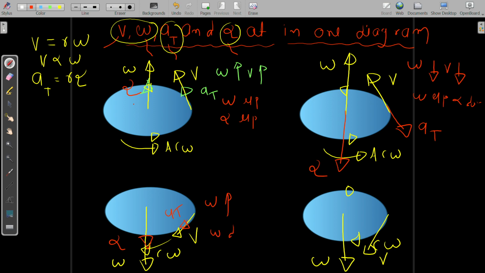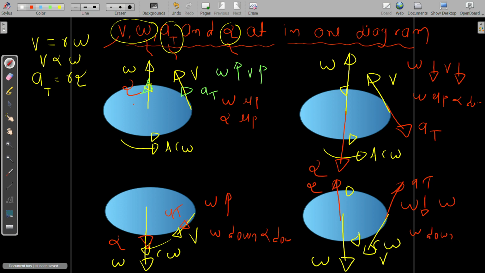So omega down, then alpha also down. And the last case, again the same story: suppose omega is decreasing here, so AT should be here. This is the first case. Rotating AT in this direction gives us alpha. So here omega is down but decreasing, so velocity is decreasing, and alpha is up.